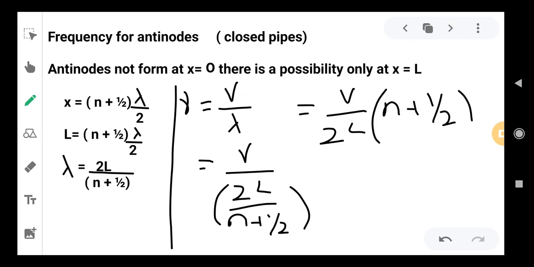Same thing, if I substitute the value of the position, at the starting point we are not getting the maximum amplitude. The only possibility of getting the maximum amplitude is at the end point.